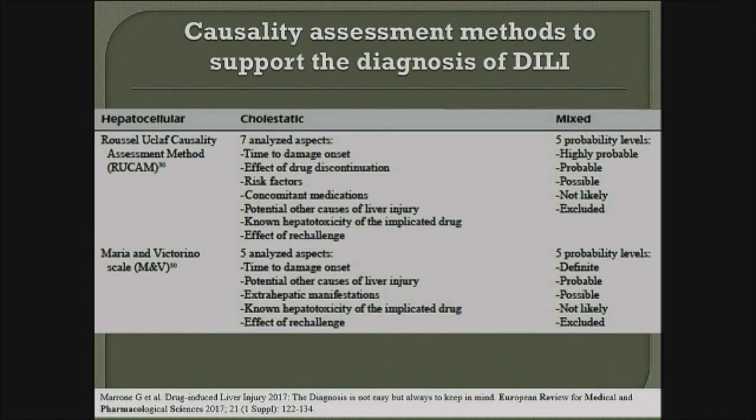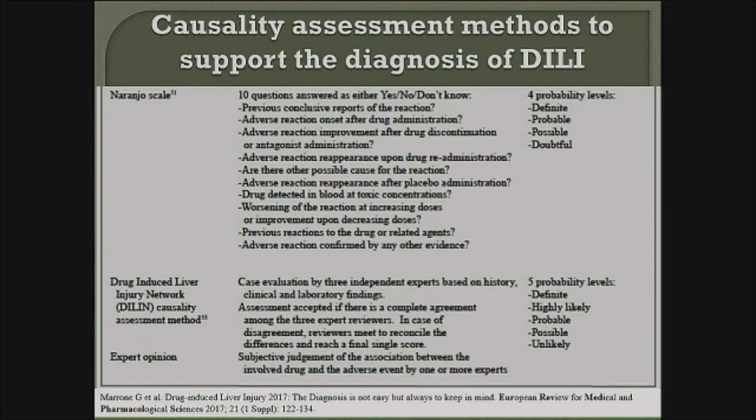score, and there are still other scores like the Maria and Victorino score. They analyze the parameters of several aspects, and the result has 5 probability levels: highly probable, probable, possible, not likely, or excluded.